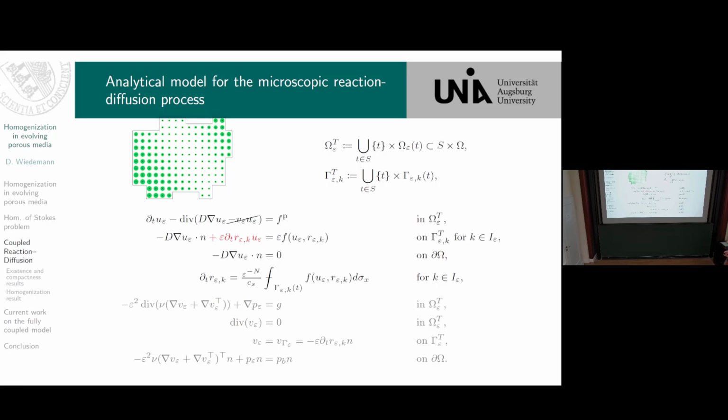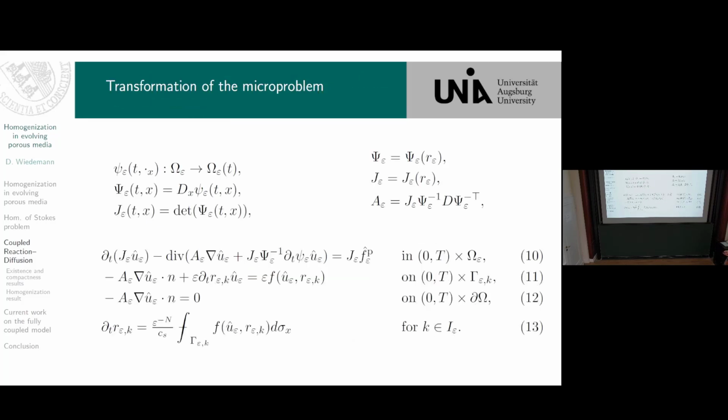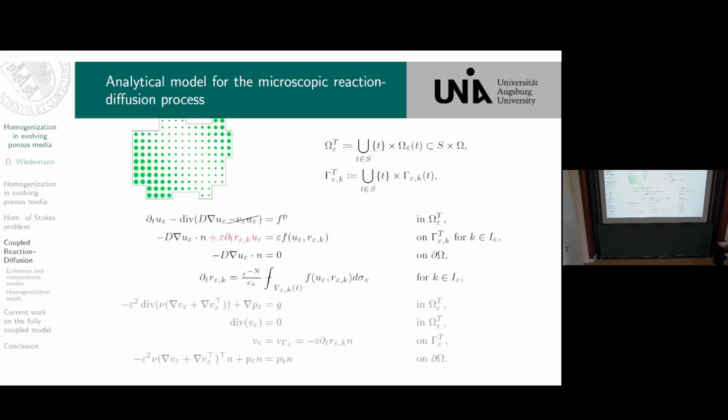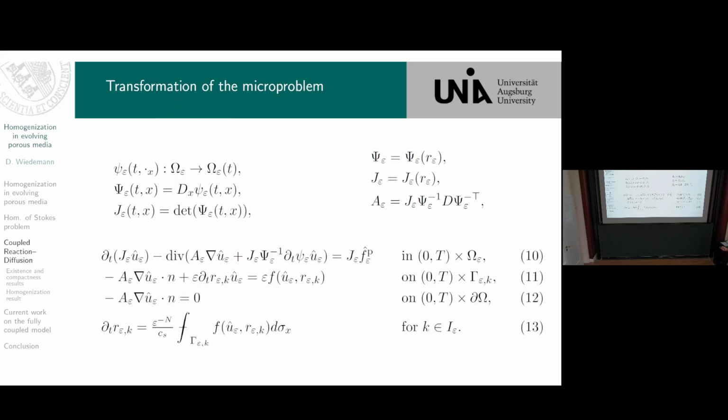And now we consider the homogenization of this process. Therefore we transform these equations onto a strictly periodic domain, which is given by some fixed value for this radius, which is always the same. So we construct a family of diffeomorphisms, and here we have the Jacobians of these diffeomorphisms.